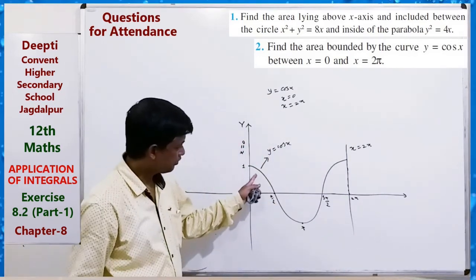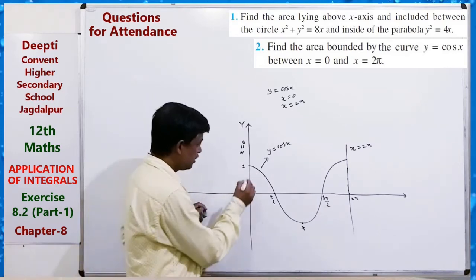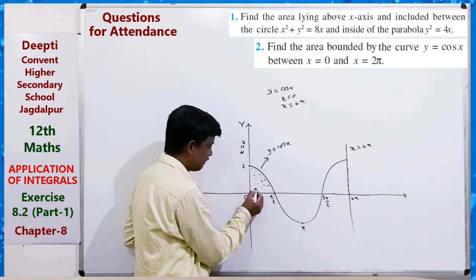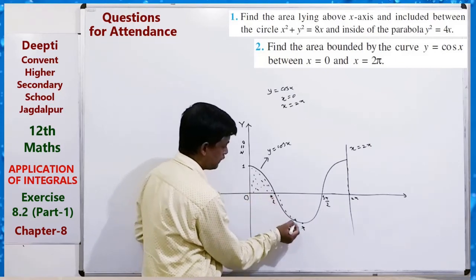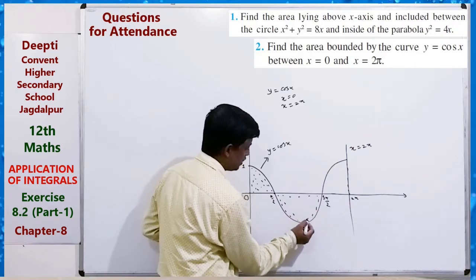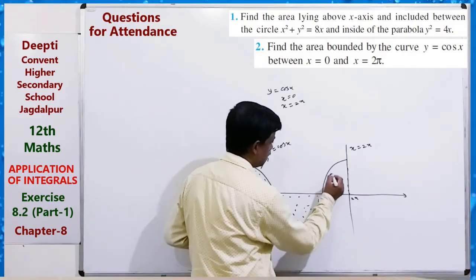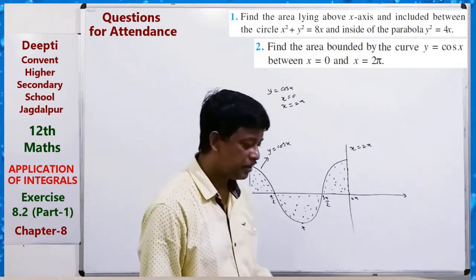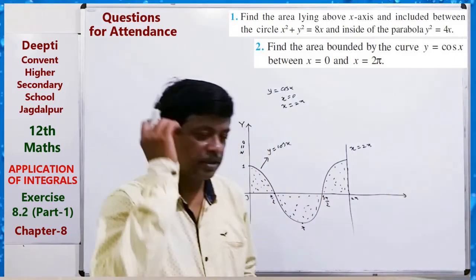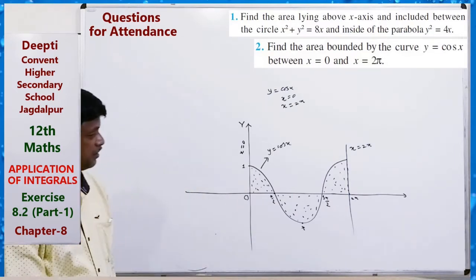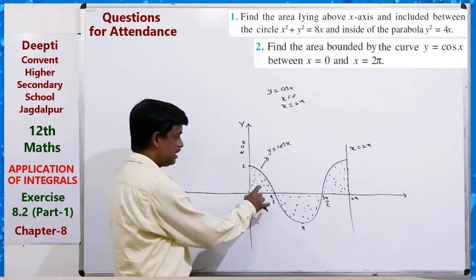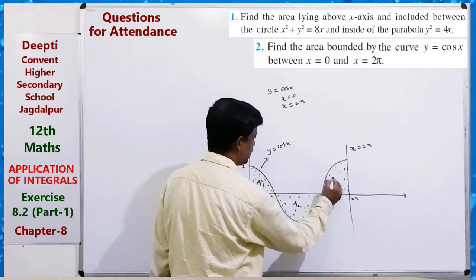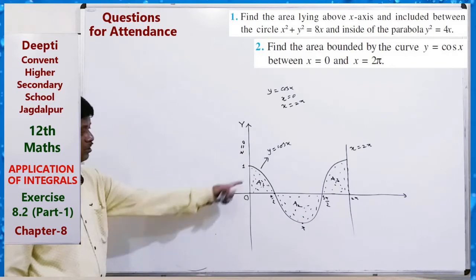So this is the area, and this part is our required area. Okay, so for finding this area plus this area plus this area, A1, A2, A3, how can you get A1?